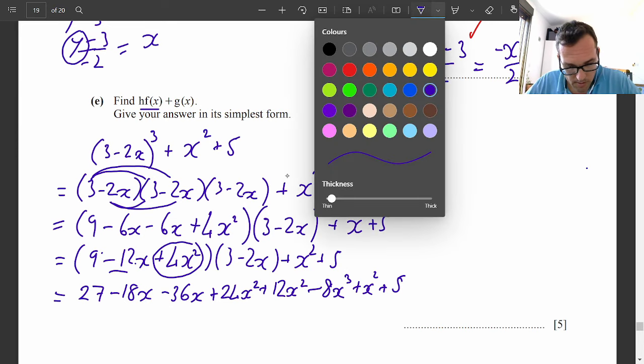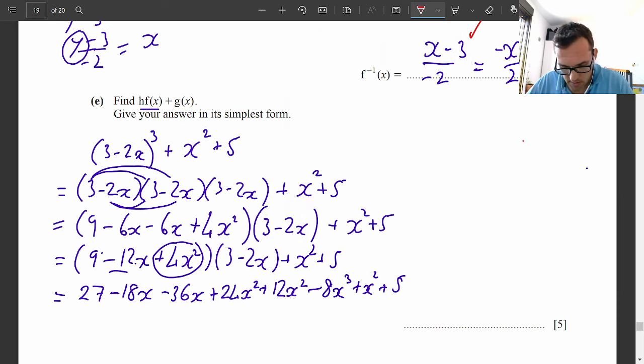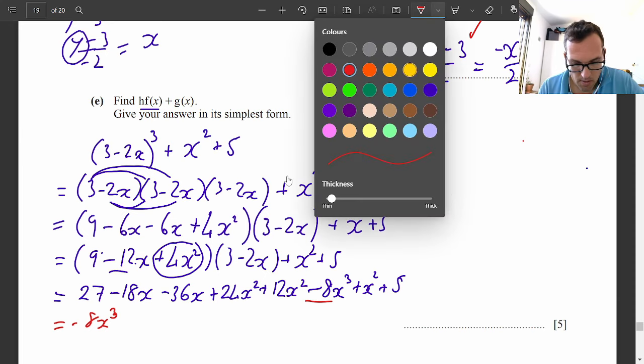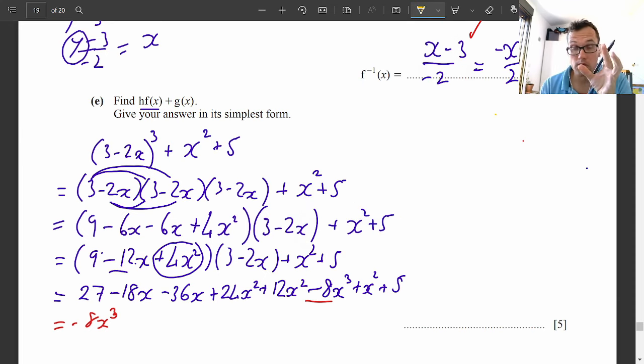Okay, let's put some color into this. So let's start with the highest power we have, minus 8x cubed. There is no other cube, so that one's by itself. Let's use yellow. Let's load now all the x squareds. We've got 24x squared, 12x squared, and another 1x squared.